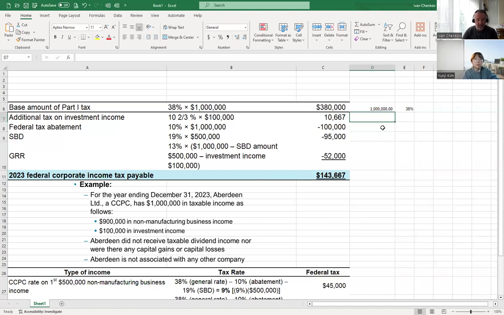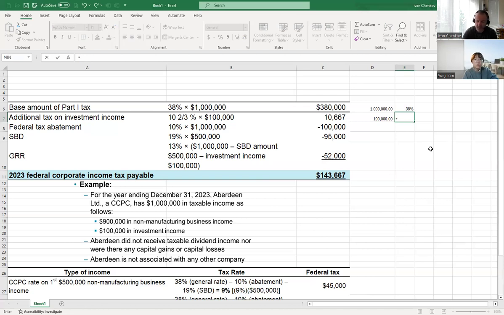Then on the investment income, which is $100,000, we're going to apply 10 and 2/3 percent.